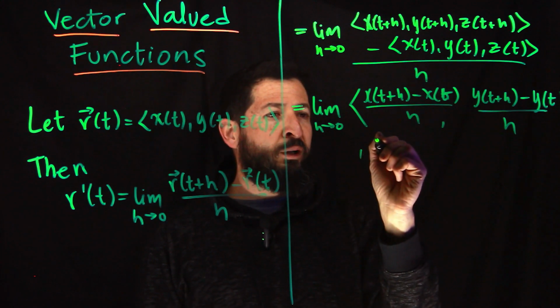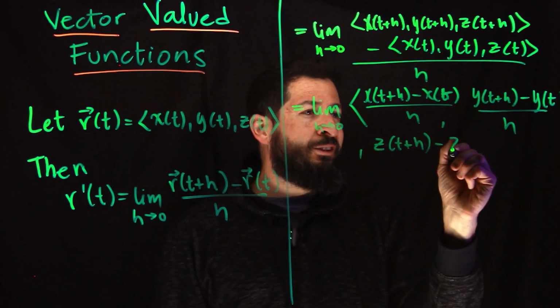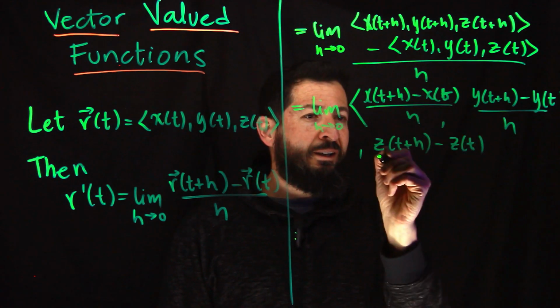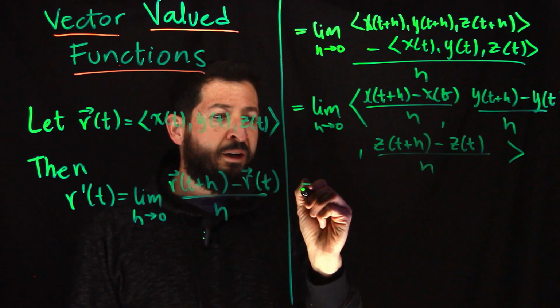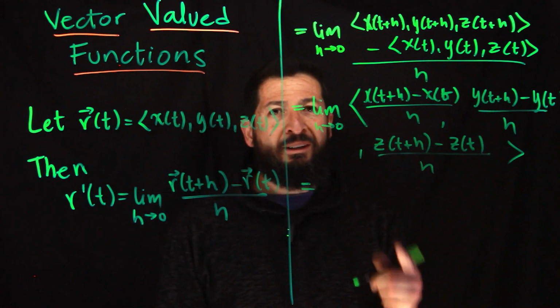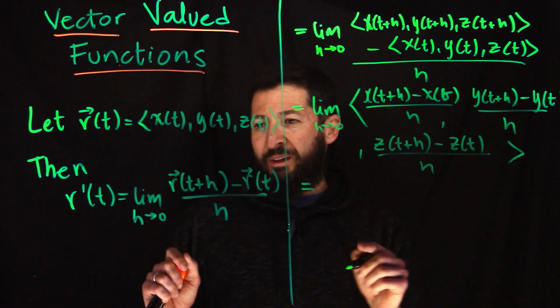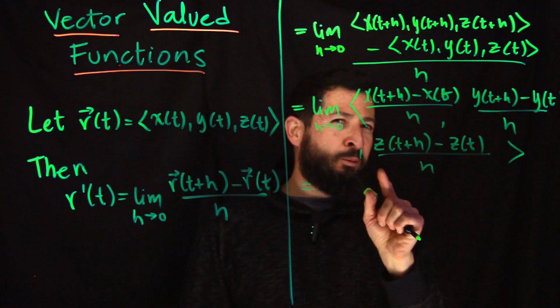And then the last coordinate would be z of t plus h minus z of t all over h. And that would be nothing but, whenever you move the limits in and out, because remember that's what we said we could do with the limit, that we take the limit coordinate-wise. And that's the theorem that we had to show.